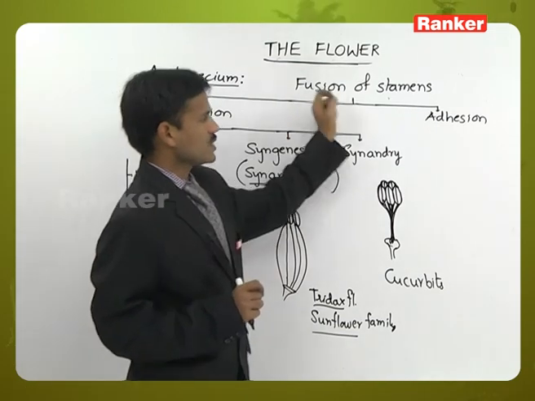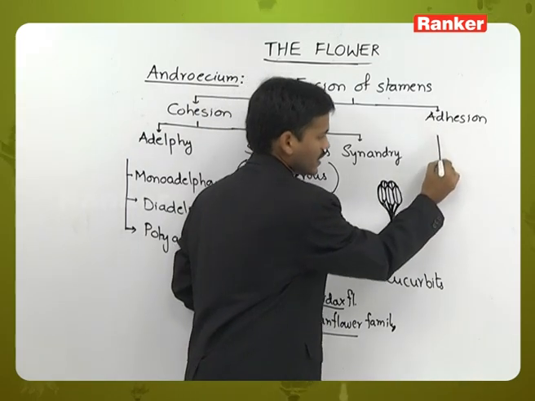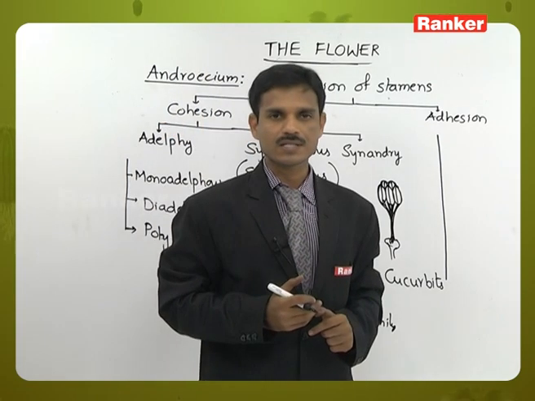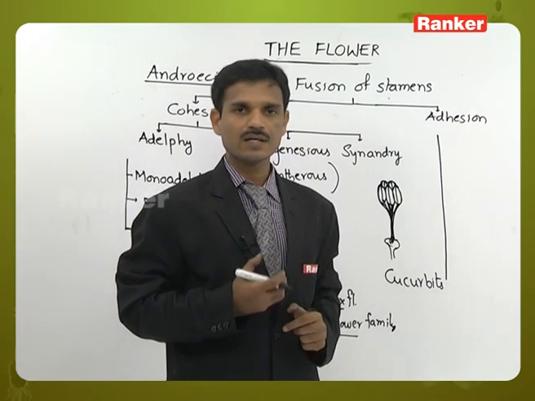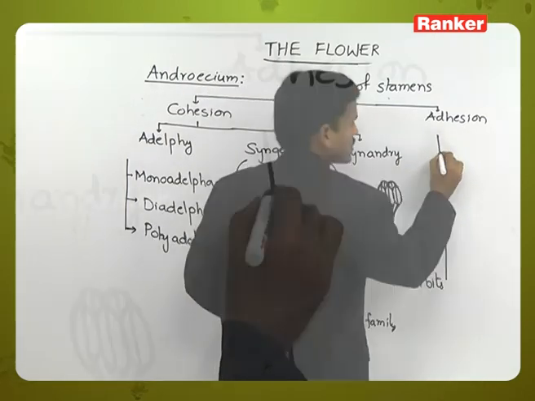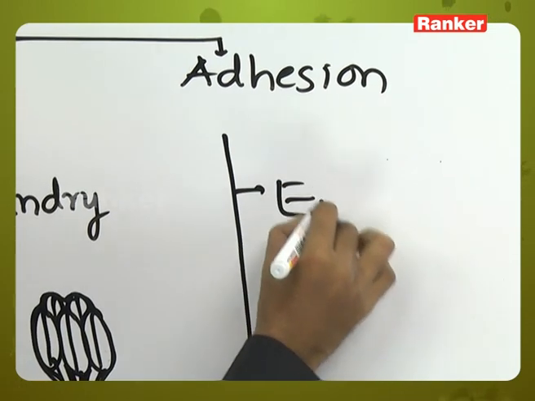The next type of fusion of stamens is adhesion. Adhesion means the stamens are fused with other floral parts, meaning calyx, corolla and gynoecium. If stamens are fused with the petals, it is called epipetalous condition.